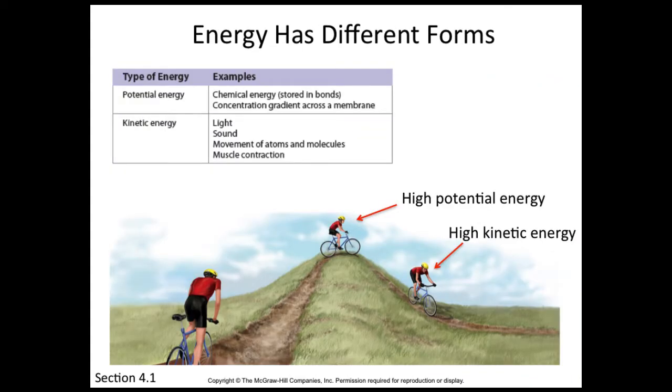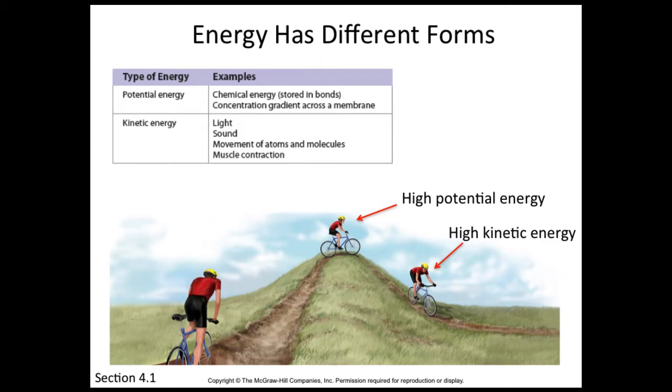Here we can see potential energy compared to kinetic energy. Potential energy examples include the chemical energy stored in bonds or concentration gradients across the membrane. Kinetic energy includes examples such as light or sound or the movement of atoms and molecules or muscle contraction.